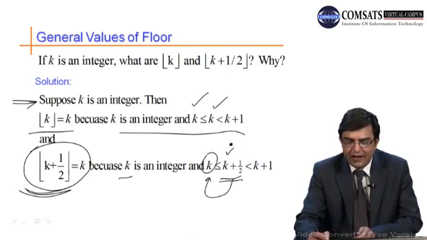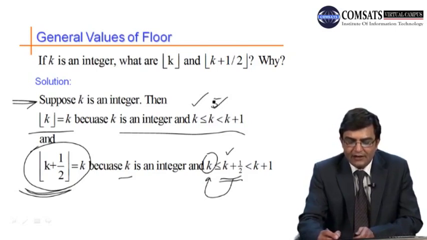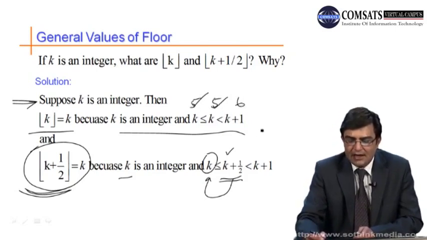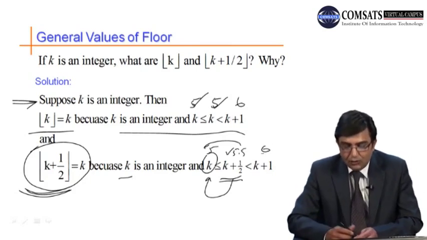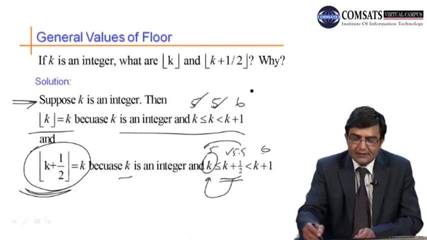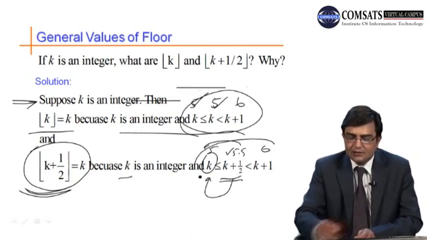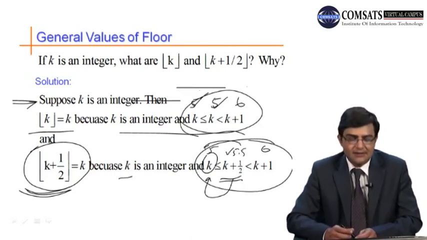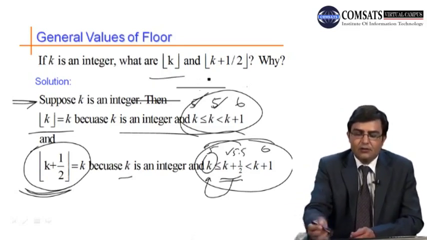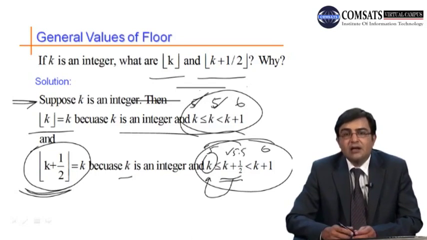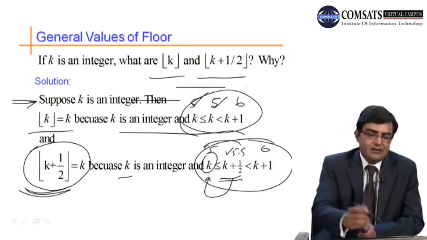For example, if we have 5 here, and here we have 6, here we have 5.5. The greatest integer less than 5.5 is 5. So in both cases the answer remains the same. So the floor of k, if k is an integer, and the floor of k plus 1/2 will be the same integer.